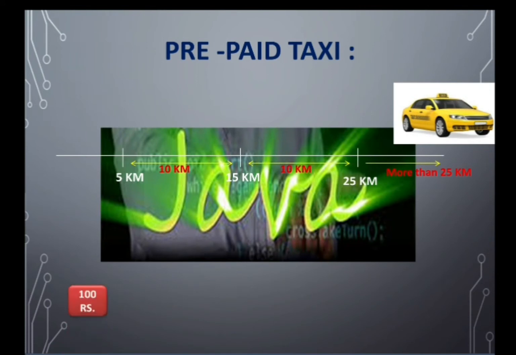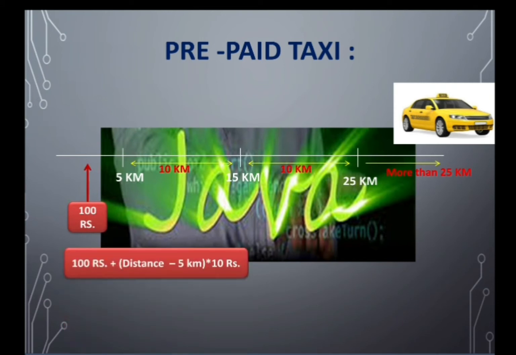For the first 5 kilometers we have to pay 100 rupees. Either you travel 1 kilometer, 2, 3, 4, or 5 kilometers, you have to pay a fixed 100 rupees. But if you travel more than 5 kilometers, then for each kilometer you have to pay 10 rupees. Previously, for 5 kilometers you pay 100, and then for the next kilometers you pay 10 rupees.